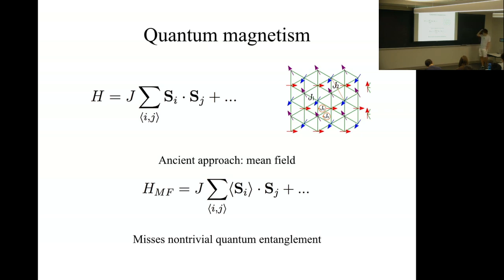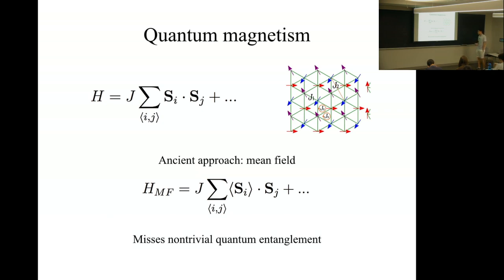The ancient approach, which has been successful on many occasions, is to just do a naive mean field type of approximation. You imagine that the spin is ordered in some way. You replace one of the spins by its expectation value. It becomes a single-body problem, and you solve it self-consistently.